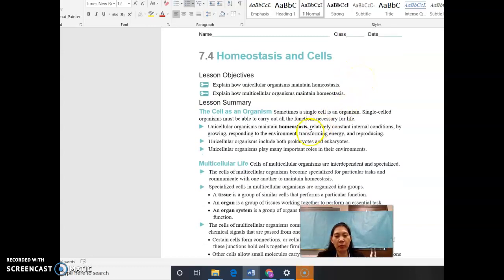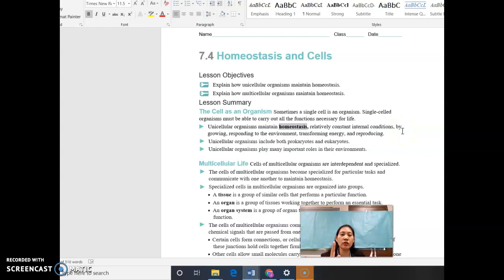I want you to remember what homeostasis is because this is very important. Take note. Homeostasis is to maintain a relatively constant internal conditions. But how, Miss A? How can an organism maintain a constant internal condition or a dynamic equilibrium?